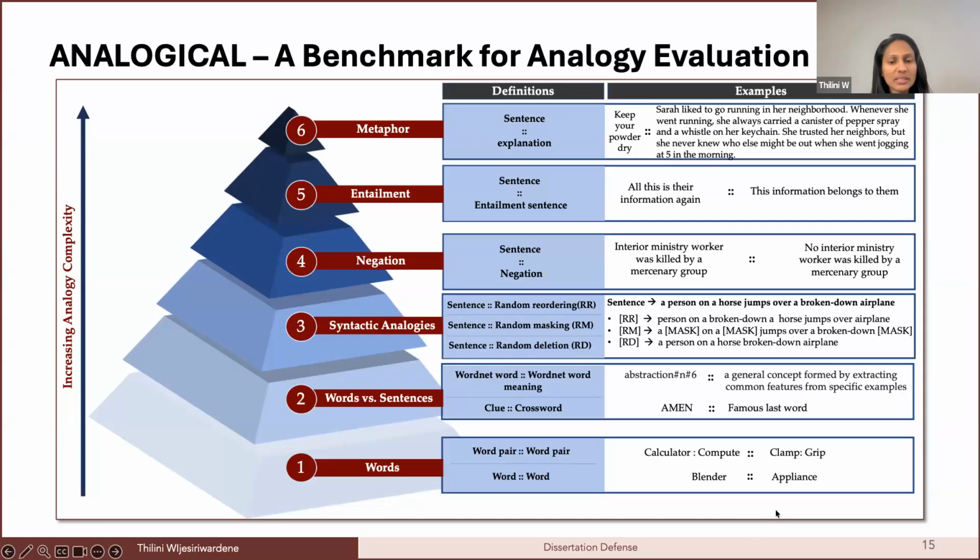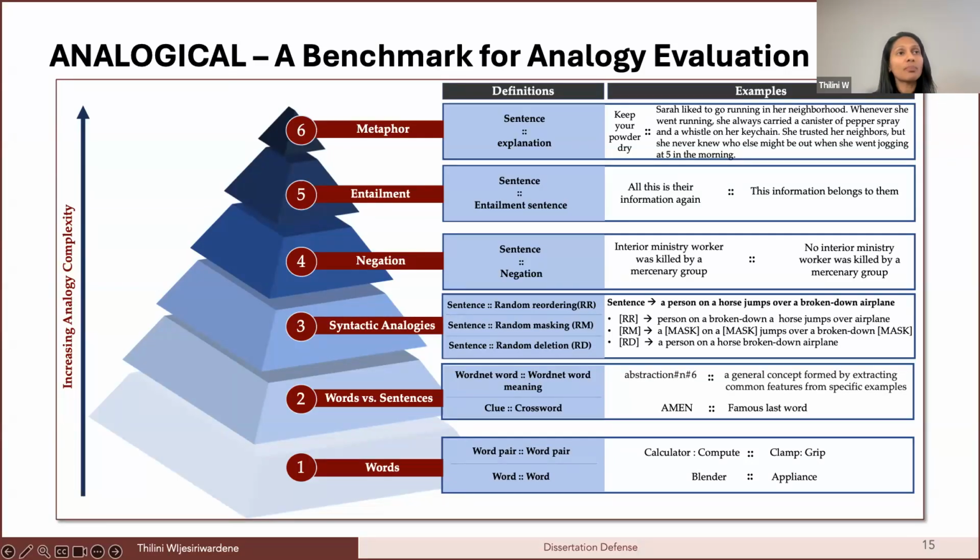So very briefly, at the base, we have simple words, and moving forward, we encounter word sentence mappings, and then syntactic analogies and negations are also there. That can be considered as negative analogies. And then we have entailments that involve semantic relationships. And finally, we have the metaphors at the top.